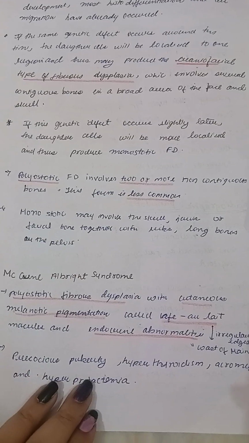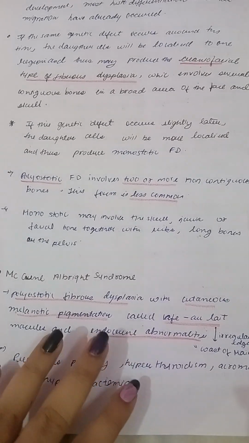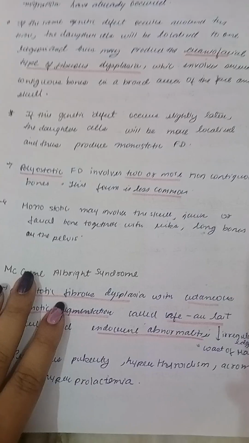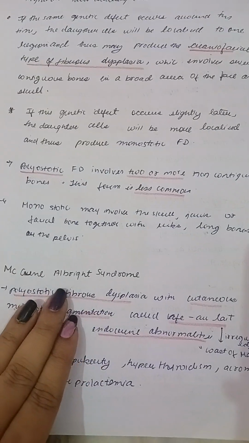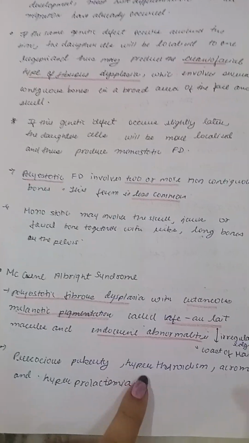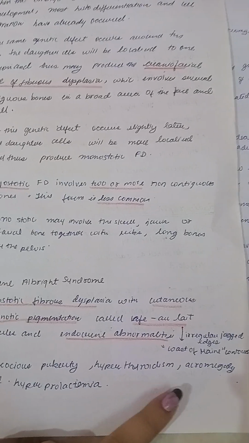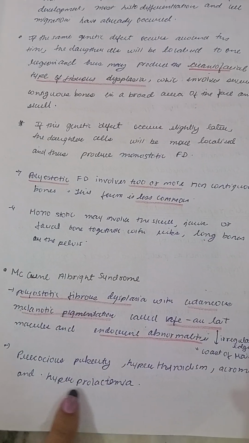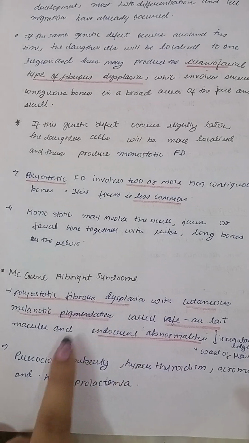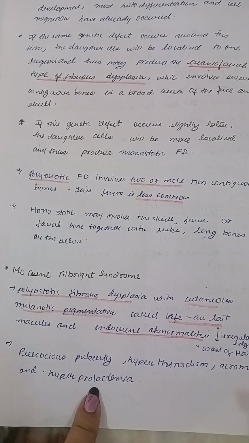Precocious puberty is one of the most important endocrine abnormalities seen in McCune-Albright syndrome. Others are hyperthyroidism, acromegaly and hyperprolactinemia. These are the endocrine abnormalities.